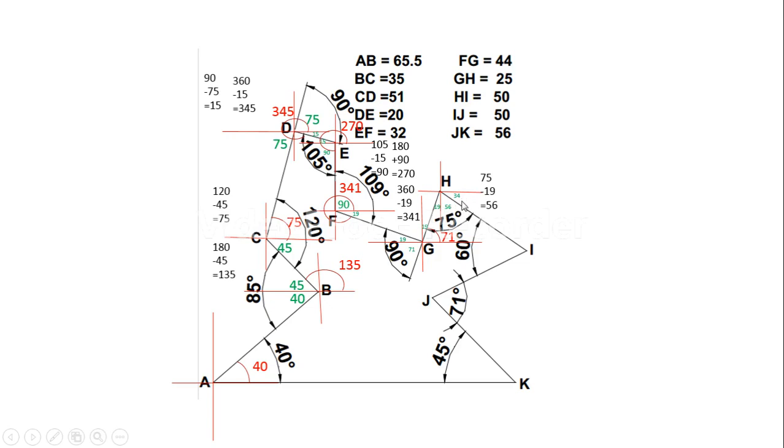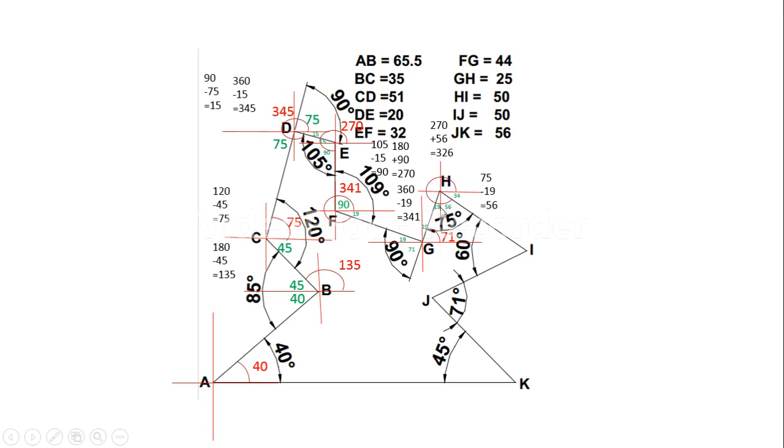Now at point H, what angle do you need? You need the angle from the positive x-axis to the line HI, the total angle from here to here. This angle will be 0, 90, 180, 270.